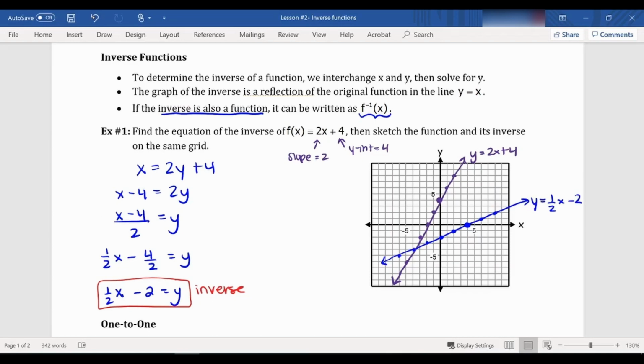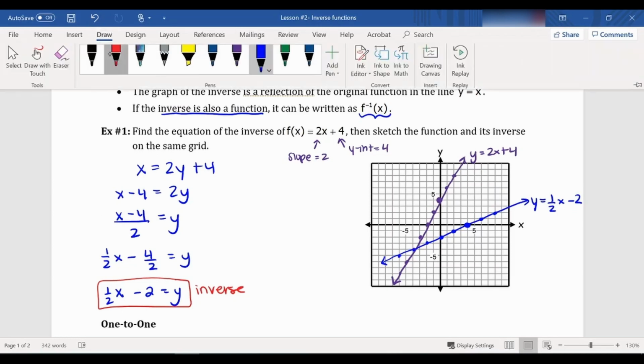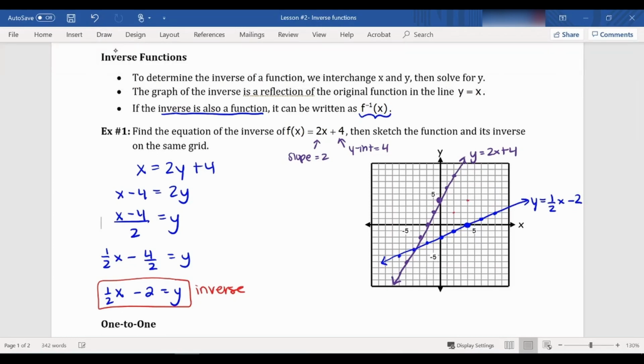Okay. Now, if I draw the line y equals x, you can see that this looks like it's been reflected across this line.